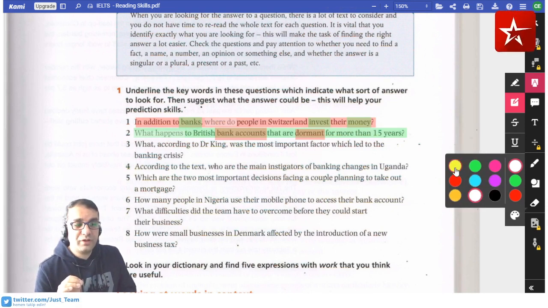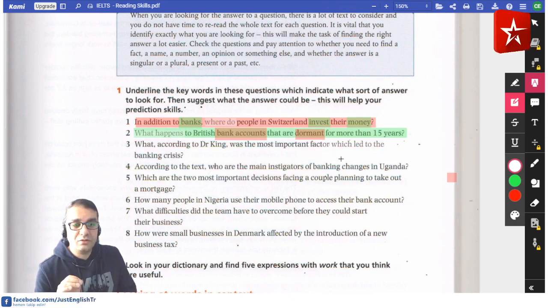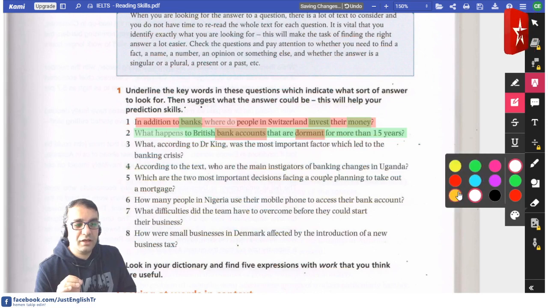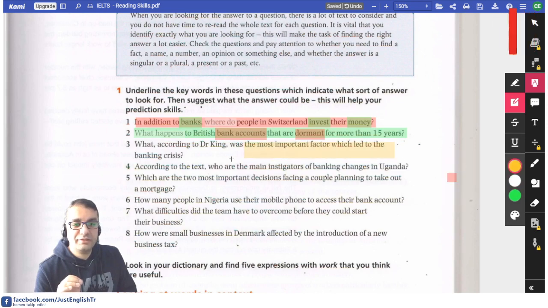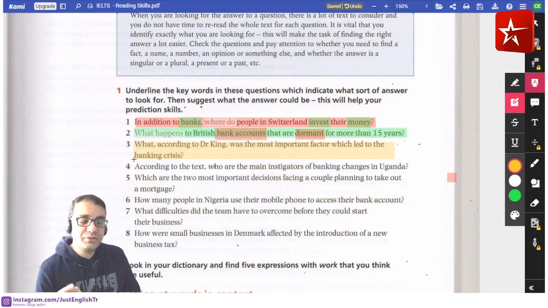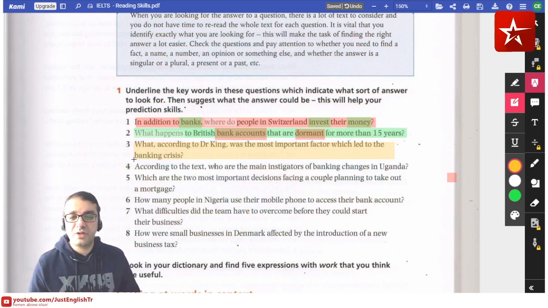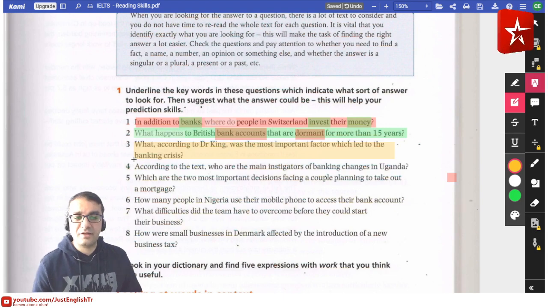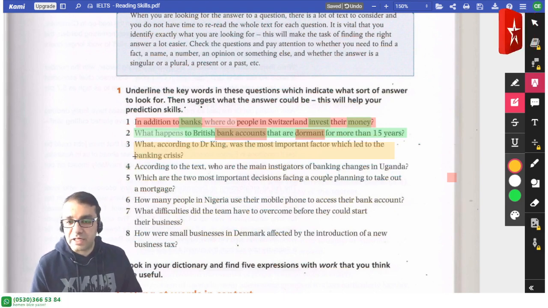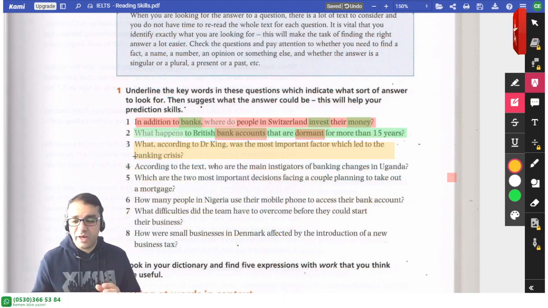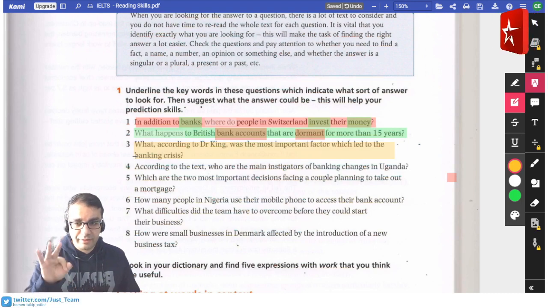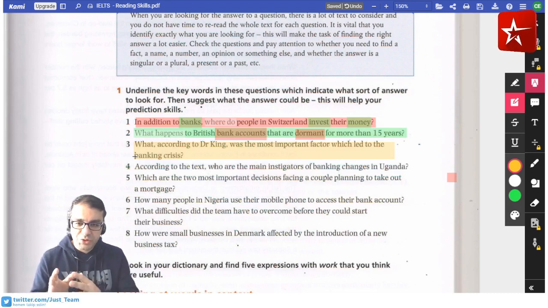Let's go for the third one. I'll put it in this color, nicer. Now, the third one is asking what, according to Dr. King, was the most important factor which led to the banking crisis. Now here, where is the keyword? In number 3, where is the keyword? I want you to give me an answer.